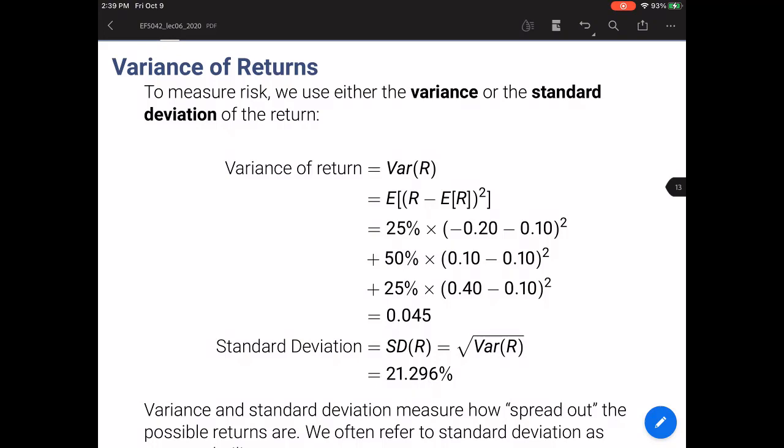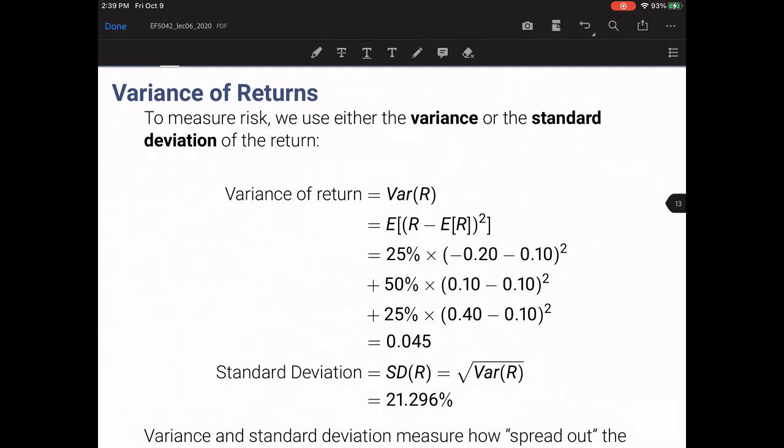So let's go over the example with BFI. Recall the table again, that we have a 25% chance of the stock declining, a 50% chance of the stock increasing by 10%, and a 25% chance that the stock will increase by 40%. And that's where we see these weights, right? So whenever you see the expectation symbol here, the E, what we're doing is taking a weighted sum according to the probability distribution.